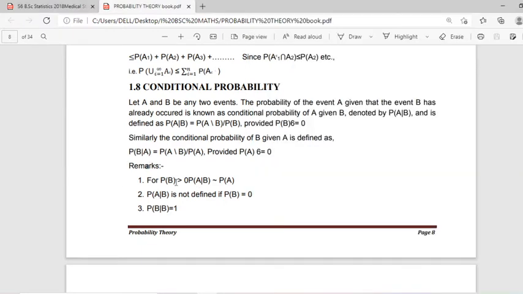So what are the properties of this conditional probability?